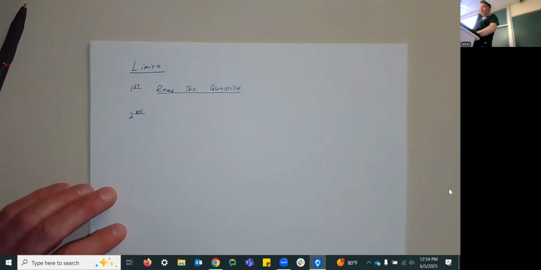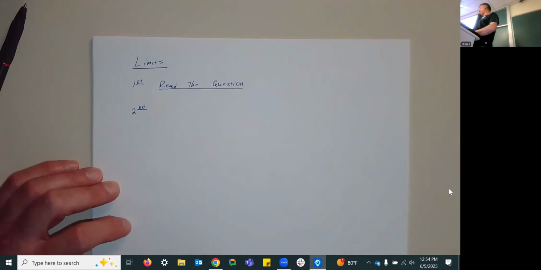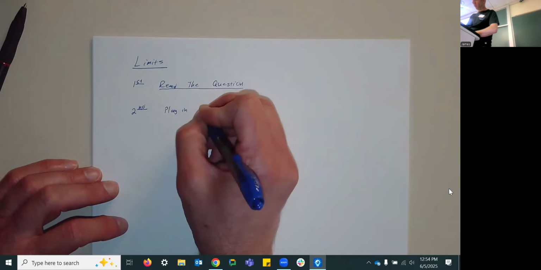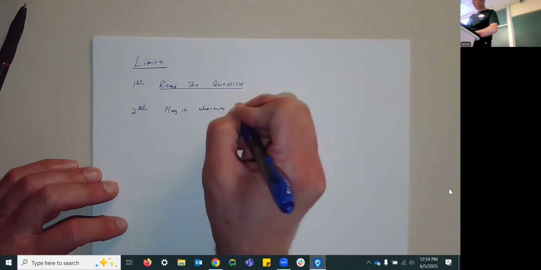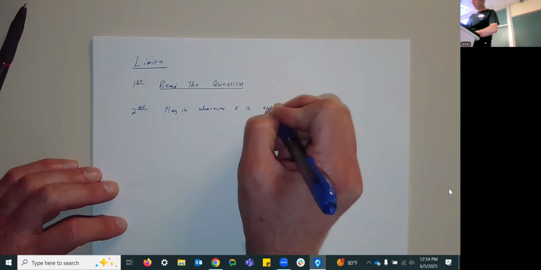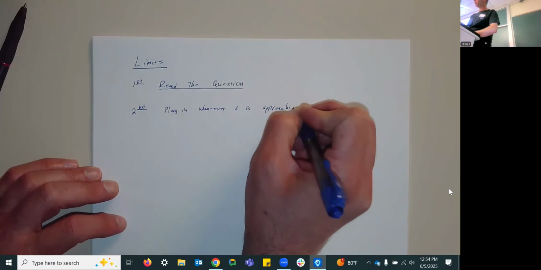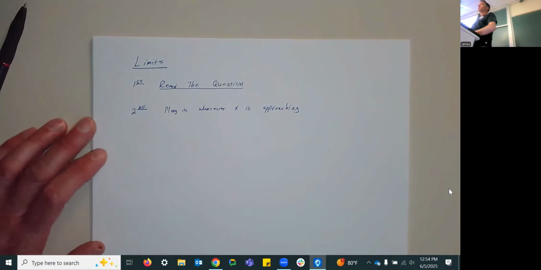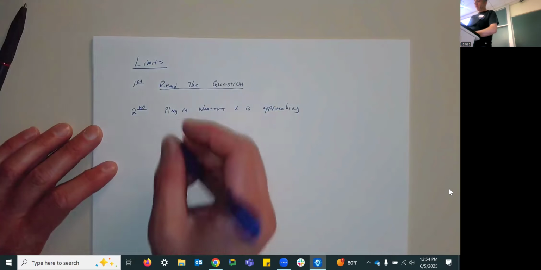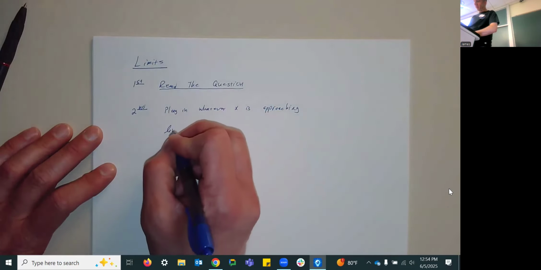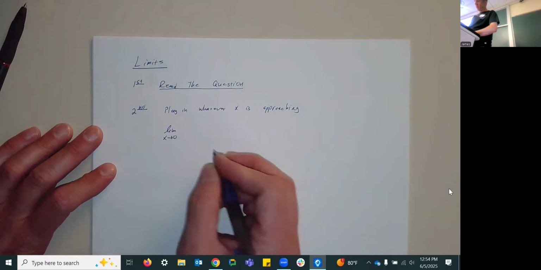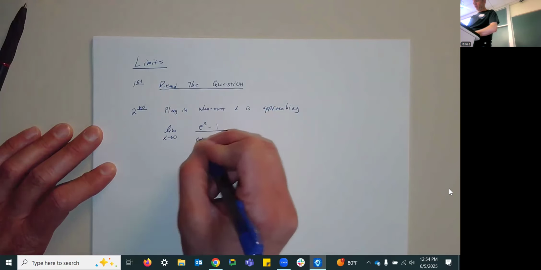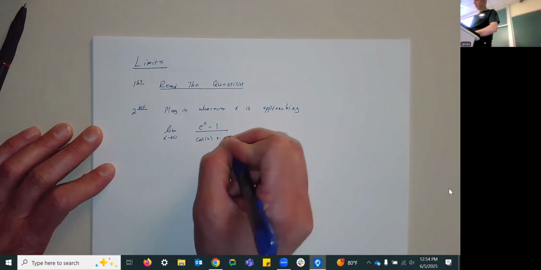So I would say after you've read the question, if you're still taking a limit, plug in whatever x is approaching. As you always should with a limit. Because if you get a value, you're done. For example, I saw something like the limit as x approaches 0 of e to the x minus 1 over cosine of x plus e to the x.